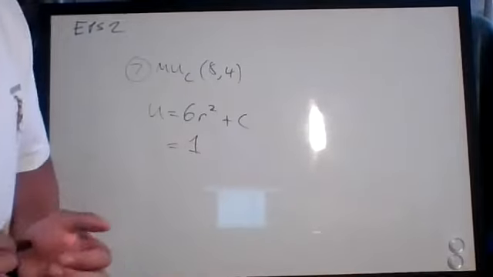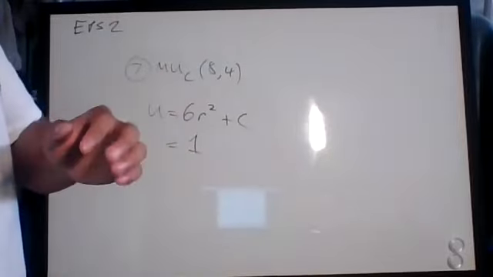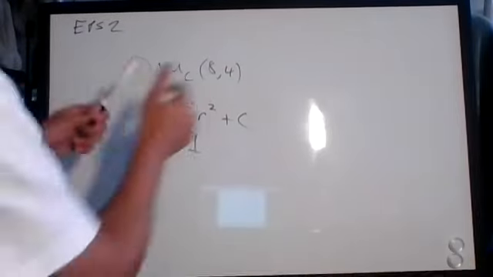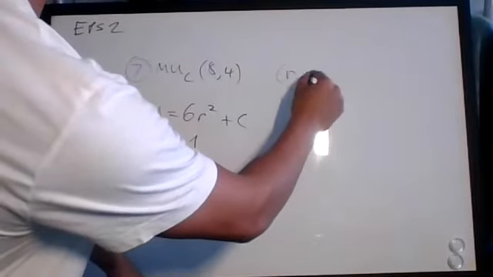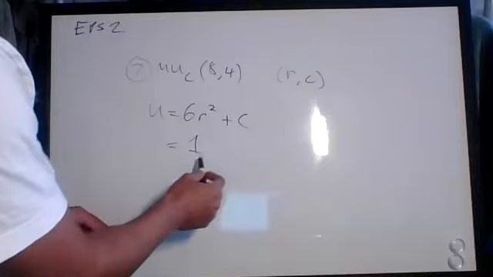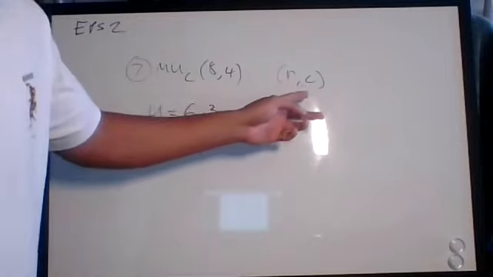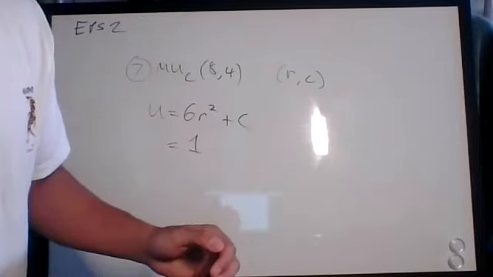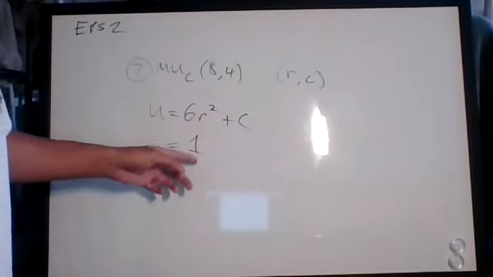When your marginal utility ends up being a constant, it doesn't matter what bundle R, C you have. Your marginal utility for chicken is always going to be 1, whether you have 1,000 units of chicken or 0 units. That's because the marginal utility is just a constant.